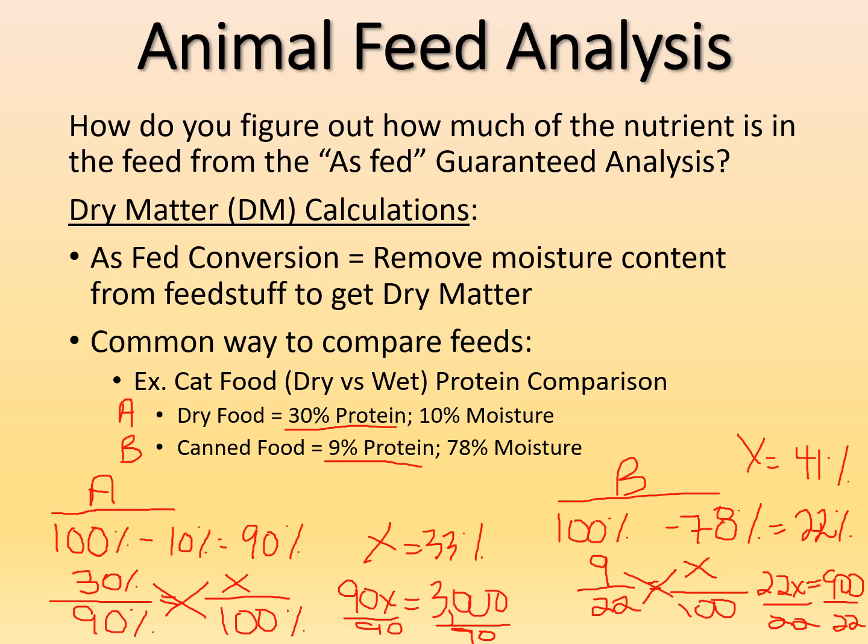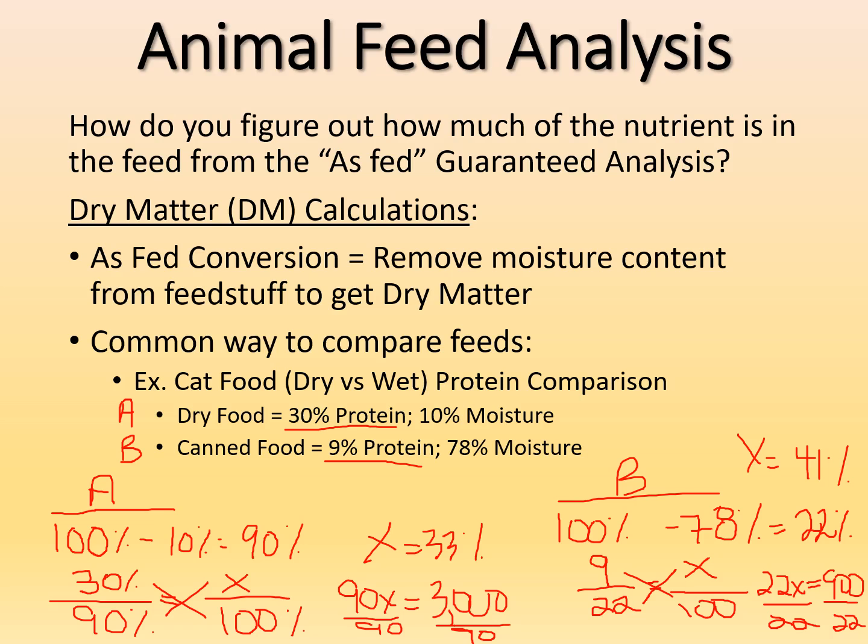And so if you actually compare it, our diet B, the canned food, actually has more protein in it. It has 41% protein versus our dry food has 33% protein. If we didn't compare them on a dry matter basis, you would just assume that the dry food says it has 30% protein.